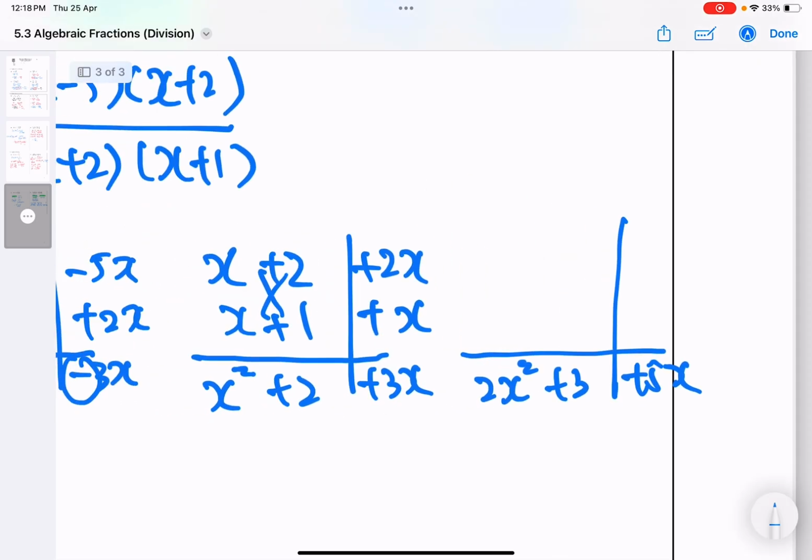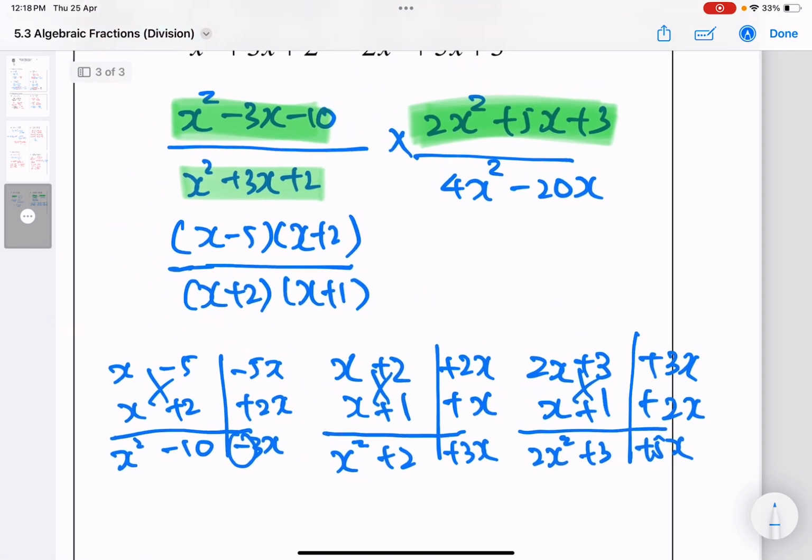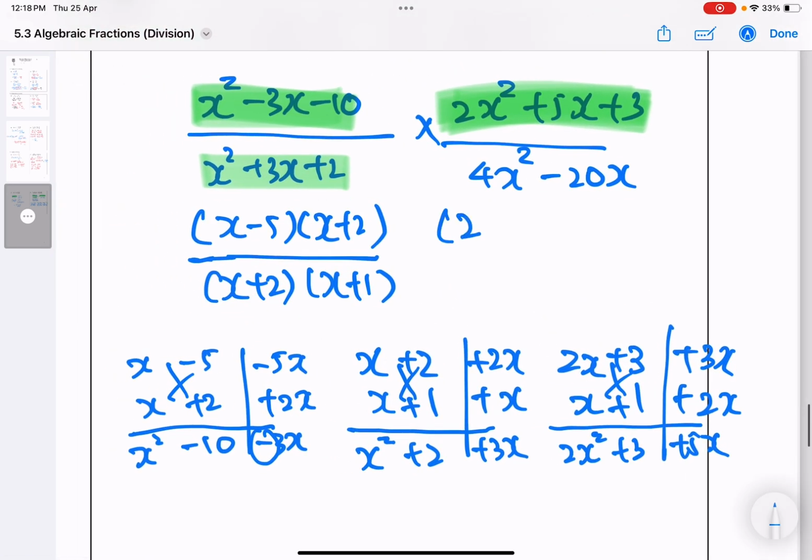Okay, so 2x squared is just 2x times x, 3 times 1 gives me this. 3x, 2x, so both must be plus. So I know that the next one is just going to be 2x plus 3, x plus 1.